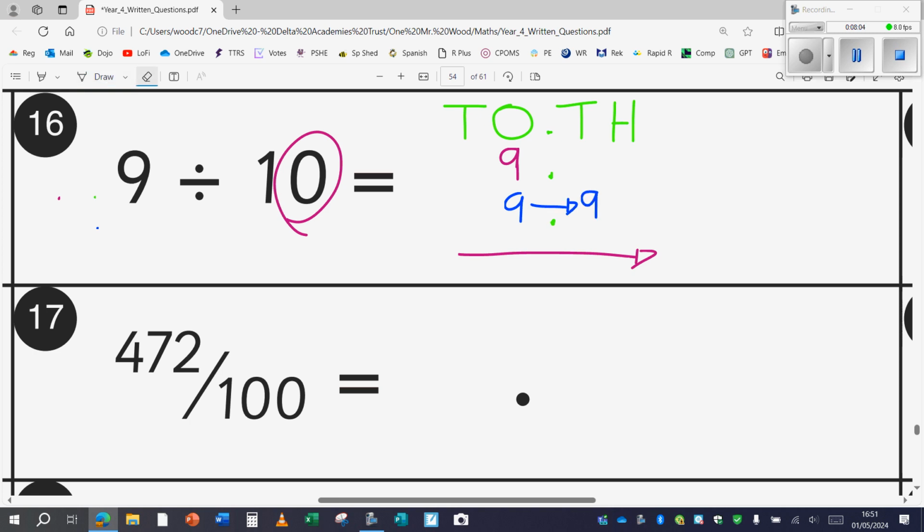We end up with 9 tenths instead. So the answer can be 0.9, or the children are sometimes used to showing that there's no 1s there, so you put 0.9. If I was doing it the other way, I would just move them the opposite direction.